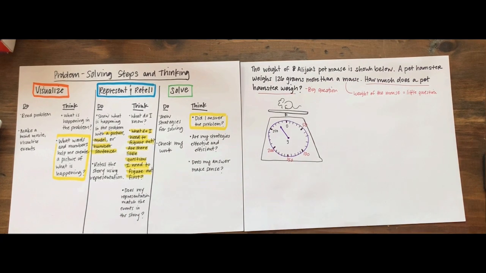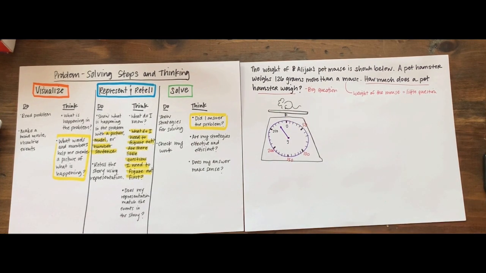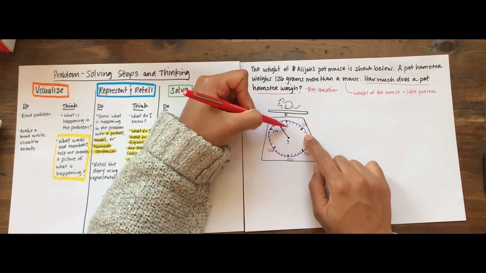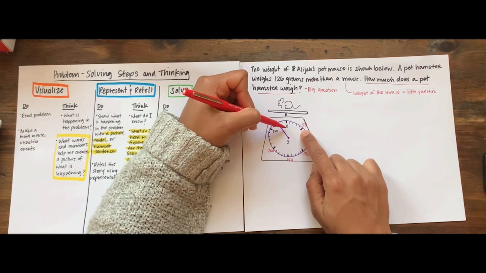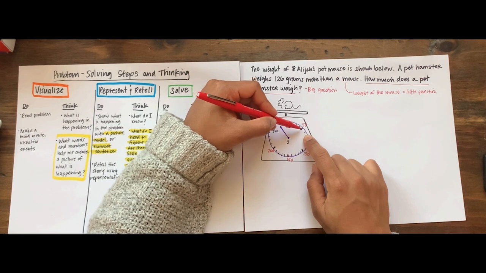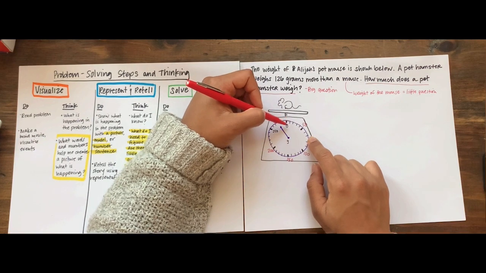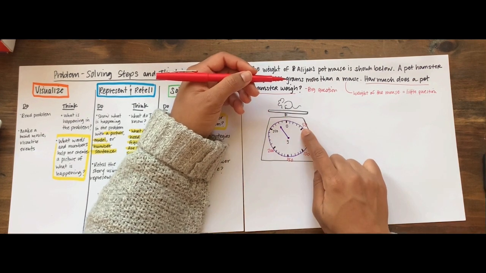Now that we have the large intervals labeled, how can we use that information to help us find out how much each smaller interval is counting by? Say your answer out loud. I heard you say that since it starts at 0 and the next labeled interval is 50, we can skip count 1, 2, 3, 4, 5 times to get from 0 to 50, or we can think 5 times what equals 50, just like we did before.